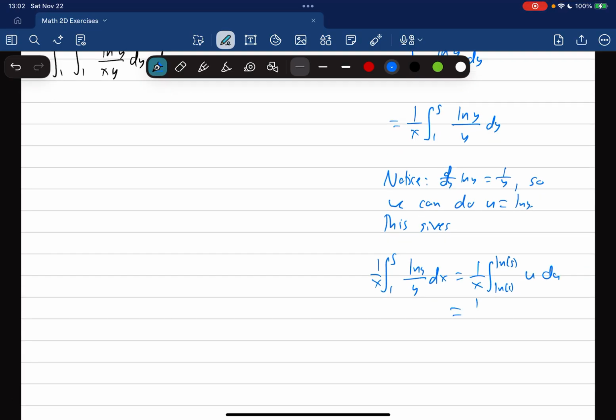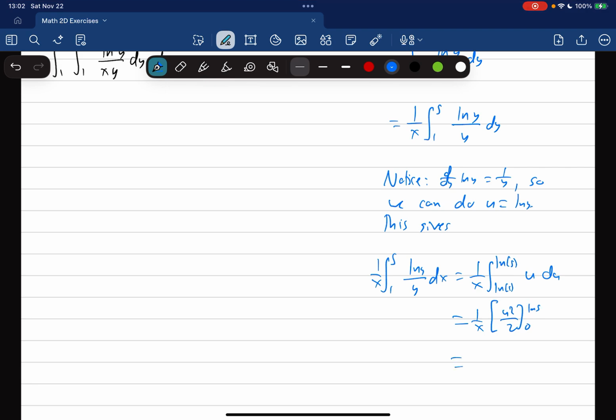And this works out to be, oops, that's not correct either. Okay, so ln 1 is just 0, and then we're going to go up to ln 5.